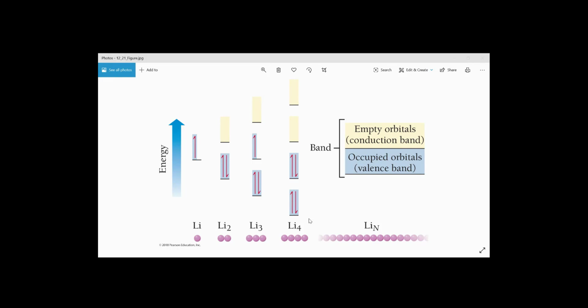That's 6 times 10 to the 23rd atoms. So there's a huge amount of atoms, a huge amount of valence electrons that go into this valence band. So we talk about the bands: there's the valence band and the conduction band. So let's go back to our OneNote.